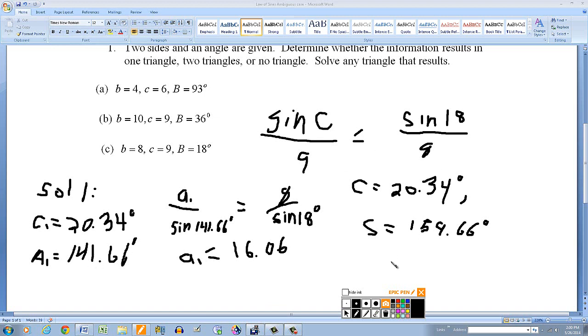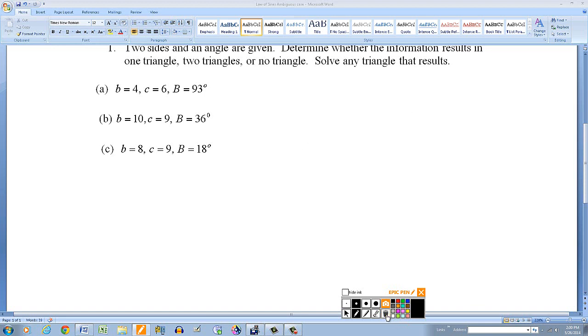Now for solution 2, for the second triangle, we're basically going to repeat this procedure, except we're going to use for C1, which we're going to call C2 because it's for the second solution, this value of 159.66. But it's going to be pretty much the same. So let me just clear this. And here's the way it's going to work then.